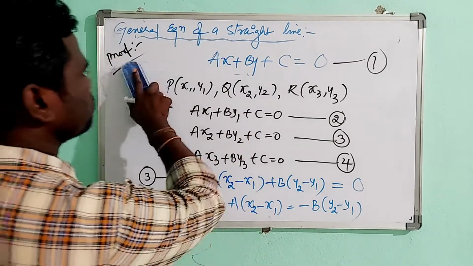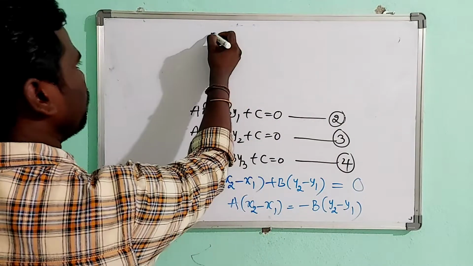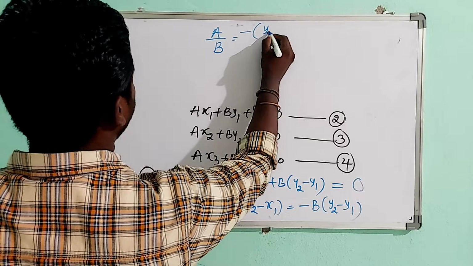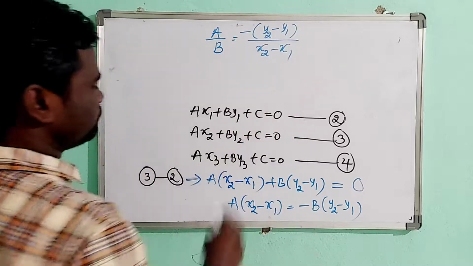Now see, what about a by b? That equals minus (y2 minus y1) by (x2 minus x1).